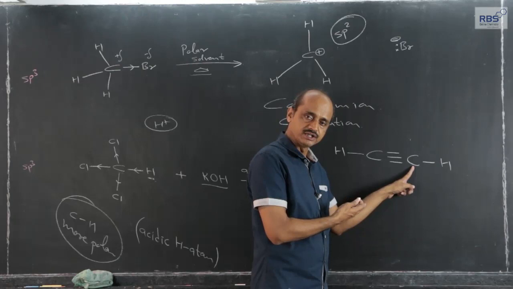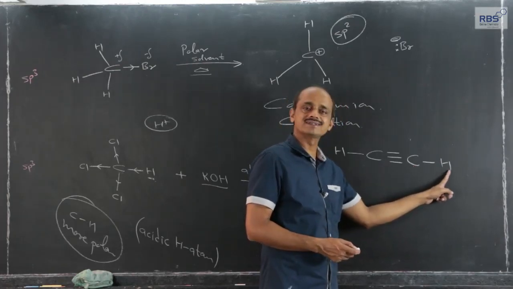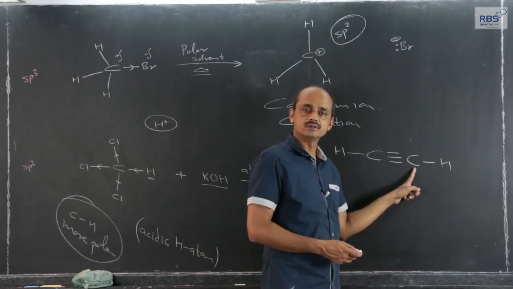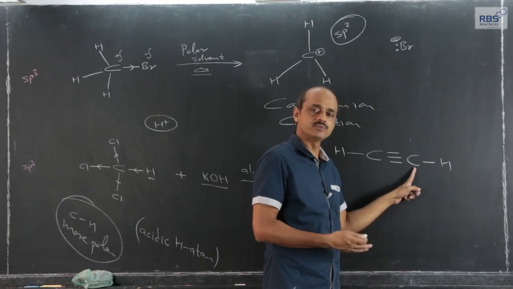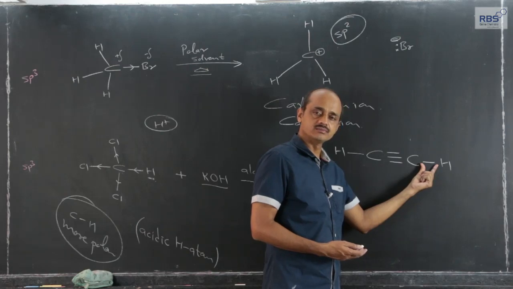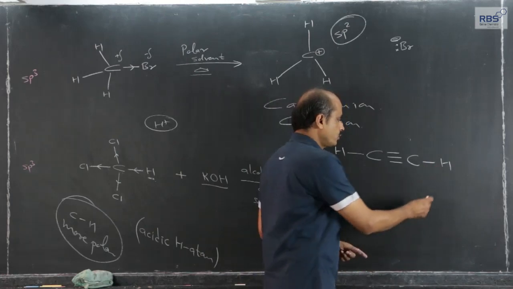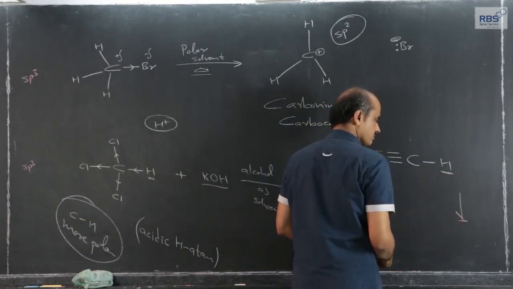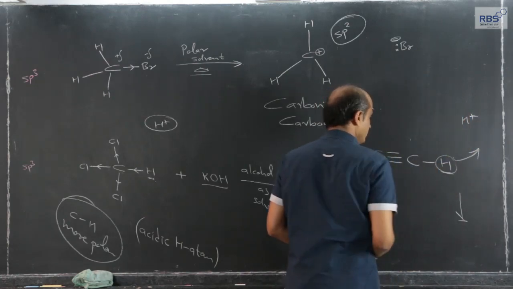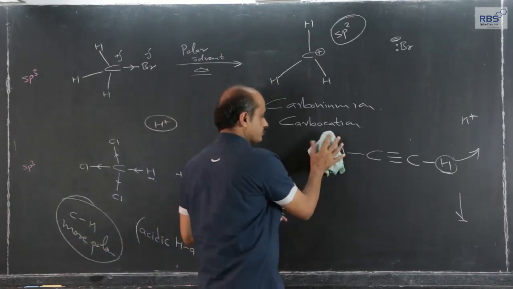As I have already explained to you in detail, in short I will tell you, this hydrogen is also called acidic hydrogen atom, because the electronegativity of this sp hybridized carbon is more, and therefore this CH bond is more polar than other CH bonds in ethene and ethane, and therefore during a reaction, depending on the reagent, this hydrogen has capacity or tendency to go out in the form of H plus ions. Therefore, this hydrogen atom is also called acidic hydrogen atom.